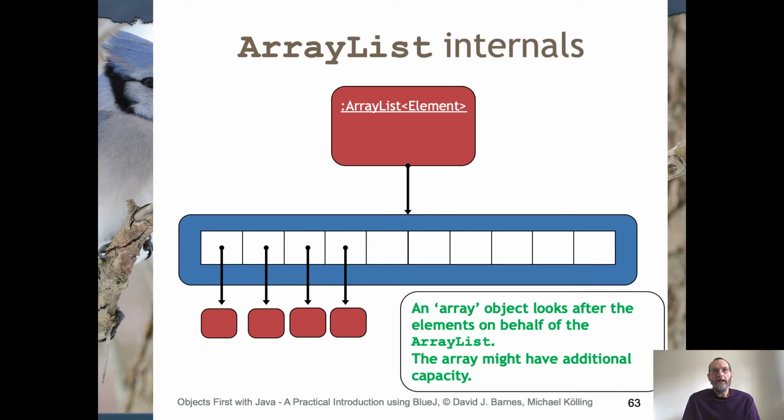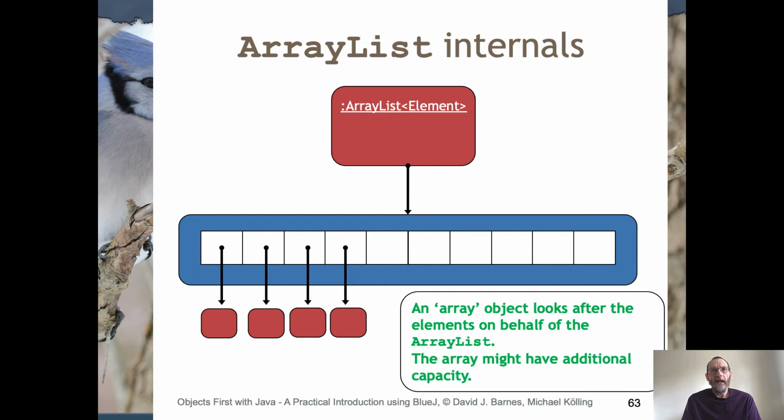When we create an ArrayList object, internally we get something that looks a little bit like this. At the top in red is our ArrayList object, which is defined to store a collection of some arbitrary type such as element. Internally, the ArrayList object makes use of an additional object which is called an array, which is where the ArrayList class gets its name from.